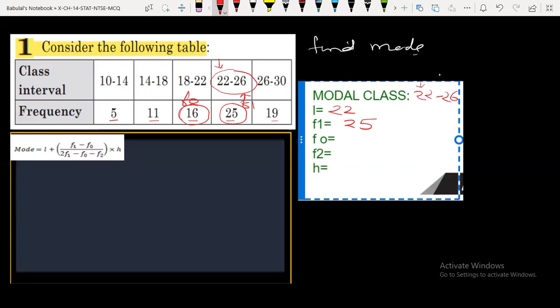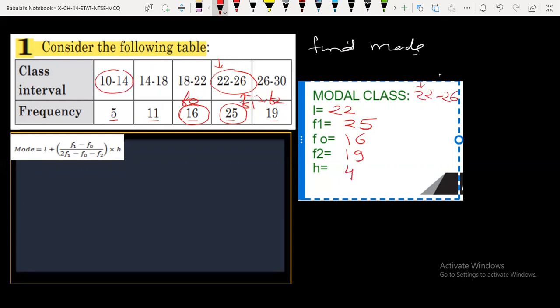और modal class के succeeding मतलब उसके बाद में आने वाले class interval की frequency को हम F2 कहते हैं. F1 से just पहले F0 और F1 के just बाद F2. So F0 is 16, F2 is 19, and the difference between upper class and lower class, that is 14 minus 10, so class size is 4.